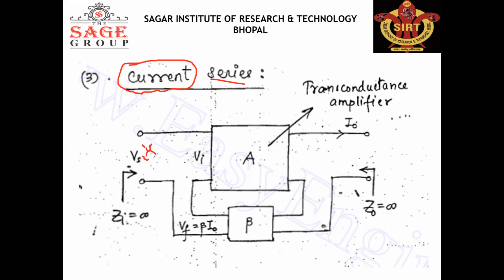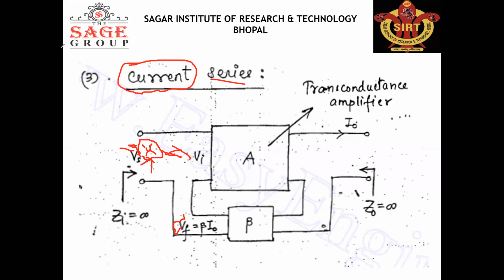So we have already stated that when the input mixing is done in the form of series, both signals should be in the form of voltage. मतलब the feedback signal and the input signal should be in the form of voltage.